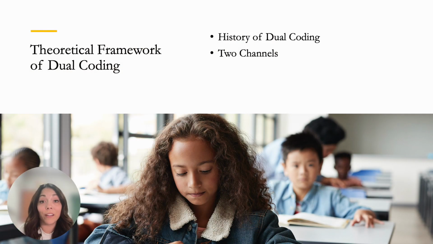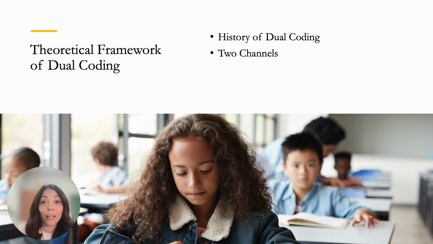The dual coding theory is a theory on cognition that was first proposed in 1971 by Allan Paivio. A Canadian psychologist, Paivio based the idea on the notion that developing mental images helps improve learning. The theory describes the cognitive process of humans when learning.